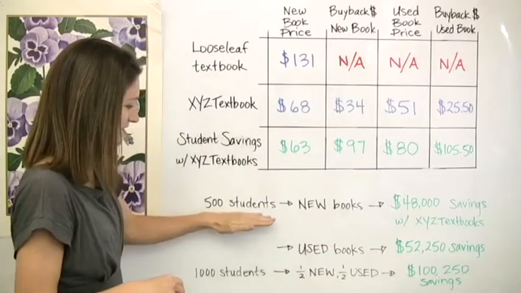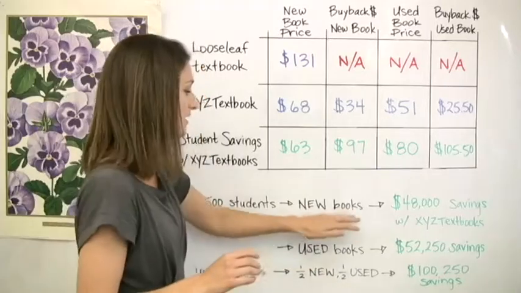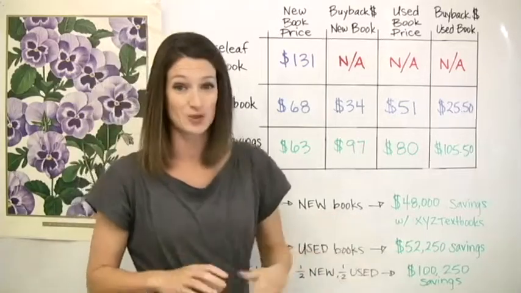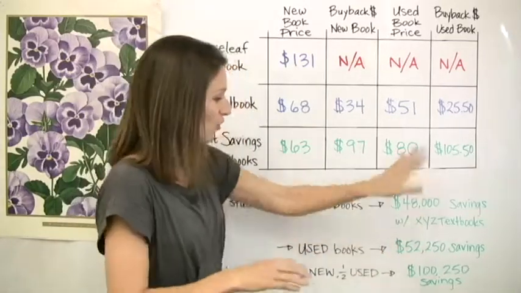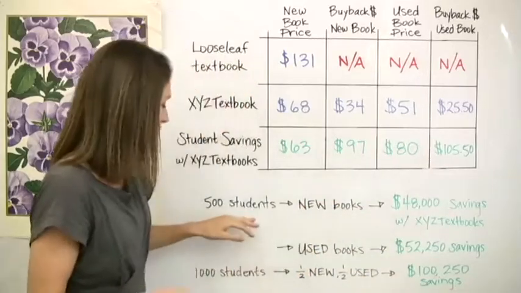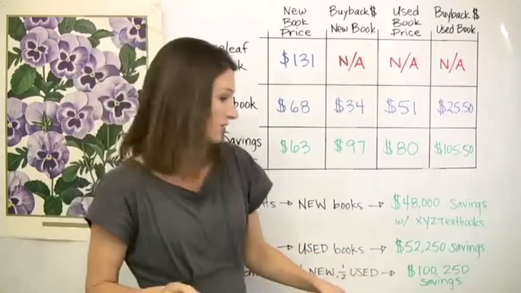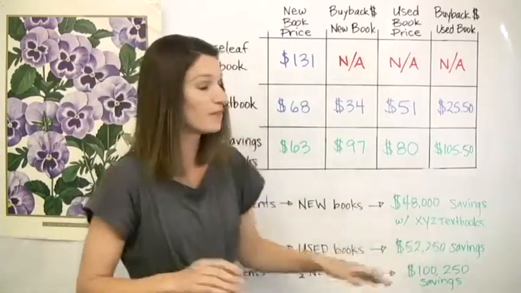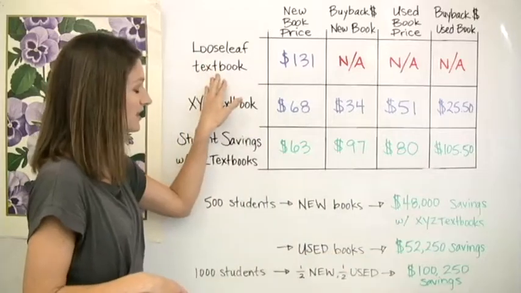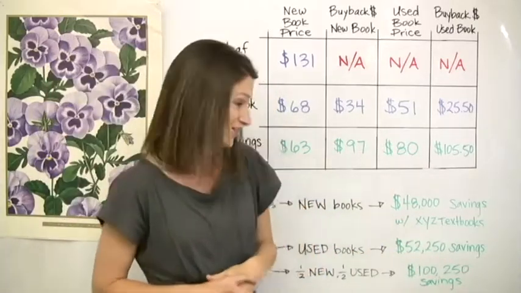If you take into consideration 500 students, and these 500 students bought all new XYZ textbooks, their total savings is going to be $48,000. Now, if these 500 students bought all used XYZ textbooks, their total savings when you compare it to purchasing a Looseleaf textbook is $52,250.